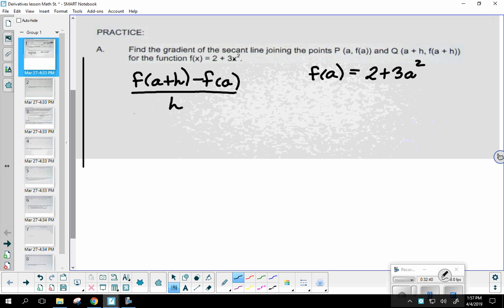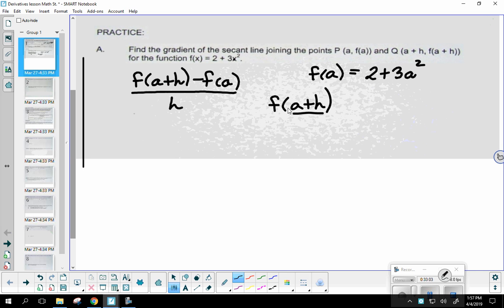Now I'm going to go to the second part. I want to evaluate the function at a plus h. So f of a plus h. So if I replaced every x with a, and now I want to evaluate f of a plus h, what am I going to replace every x with now?